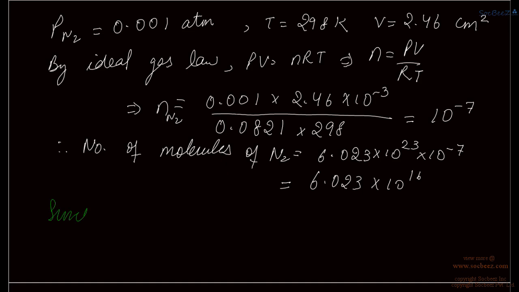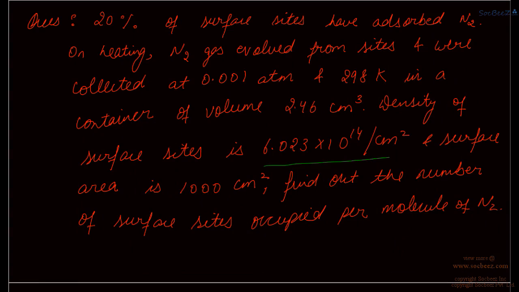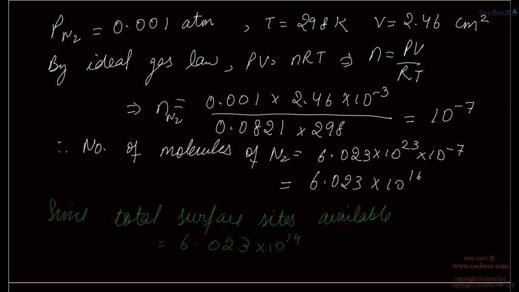Now since total surface sites available equals 6.023 into 10 raised to the power 14, because here is the density of surface sites and here is the total area, hence we can say that the total number of surface sites available equals 6.023 into 10 raised to the power 14, that is density into area.